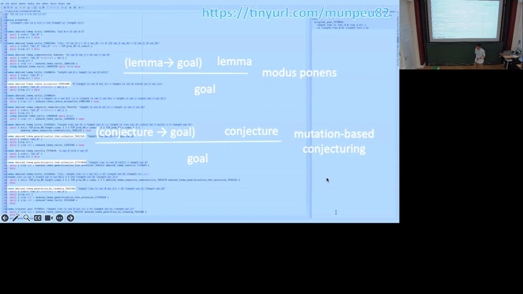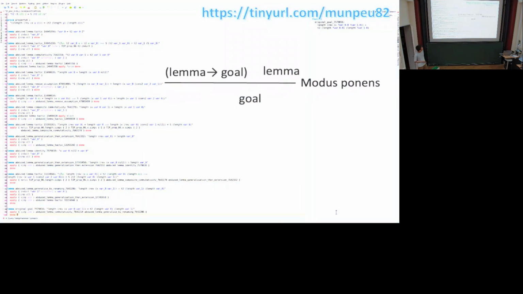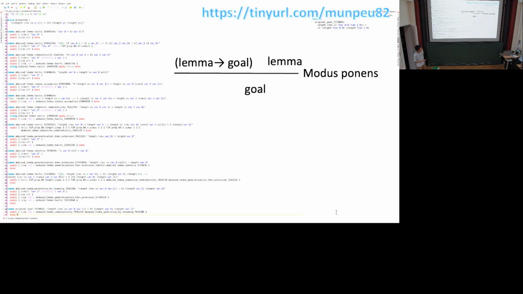And some conjectures are produced by mutating the current proof obligation. And sometimes multiple conjectures are produced at once. And we are always using modus ponens.